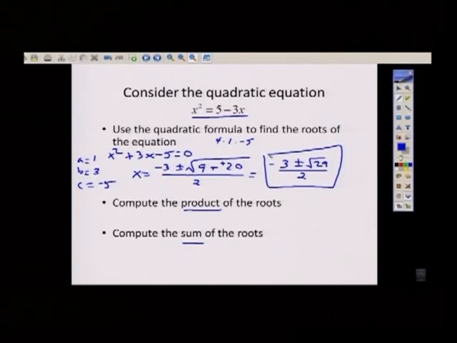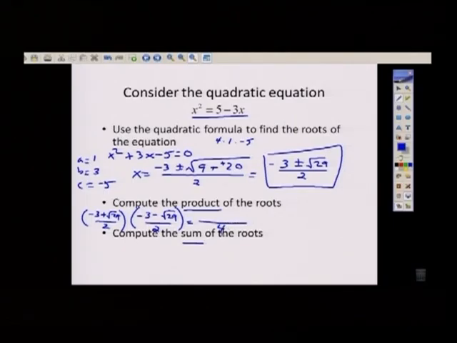Okay. So now, the product of these roots. What I'm going to need to do is take negative 3 plus the square root of 29 over 2 and multiply that by negative 3 minus the square root of 29 over 2. So I'll go to the denominator first just because that's easier.